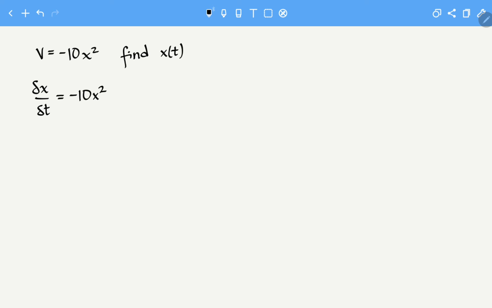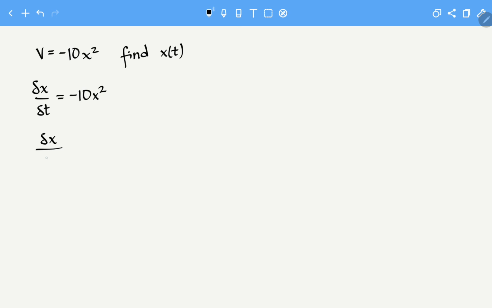So what I'm going to do is some algebraic manipulation and rearranging here. Dx over negative 10 x squared. You know, let's not do that. Let's just do this instead. We'll leave the negative 10 over there.